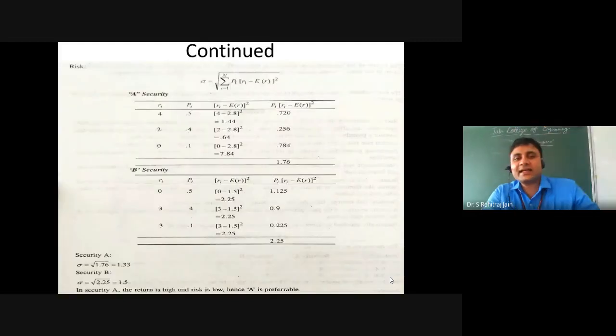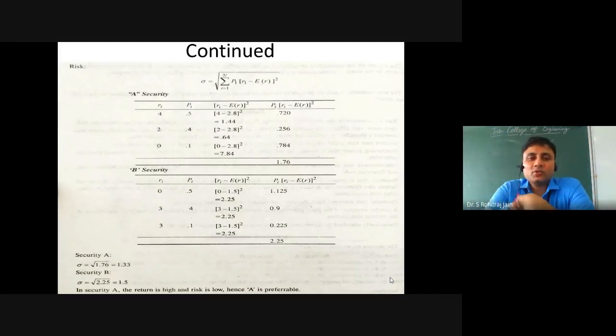Now, the third column is concerned with security A: R minus E of R, whole square. R is 4, minus the expected return of security A that we just calculated, 2.8, squared, which is equal to 1.44.